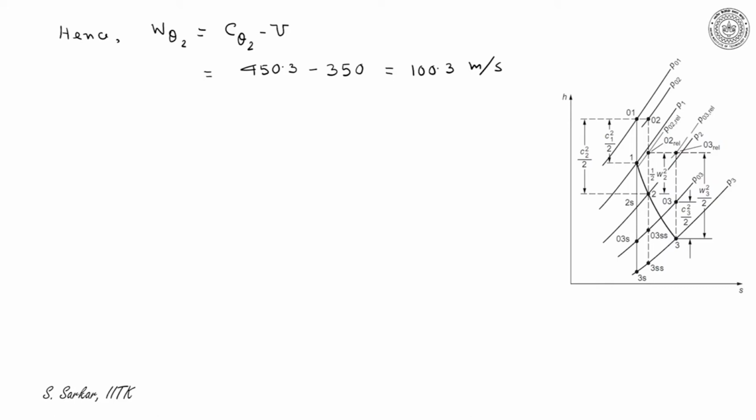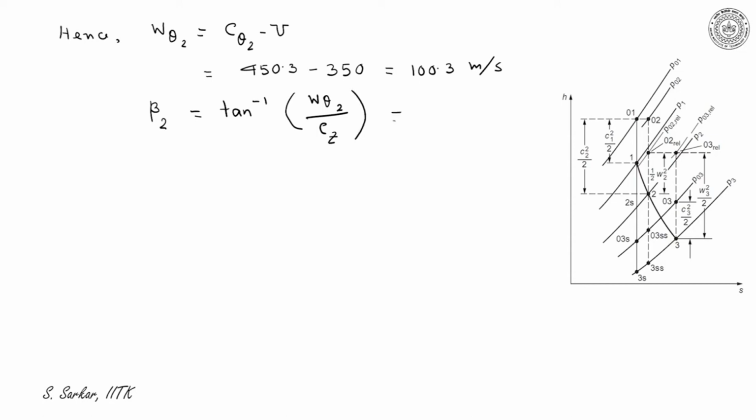After evaluating W theta 2, I can calculate beta 2, that is the inlet blade angle, as tan inverse of W theta 2 divided by Cz.